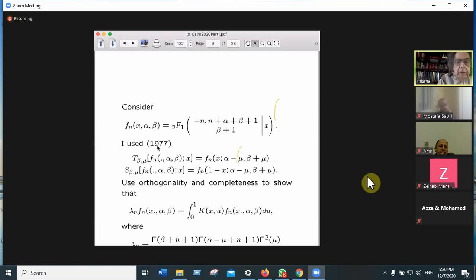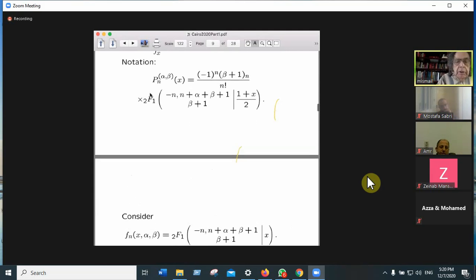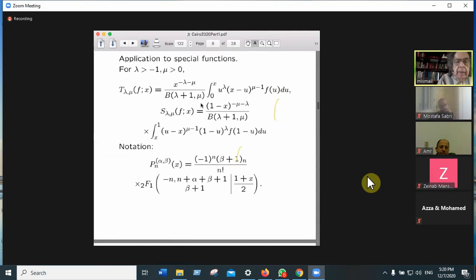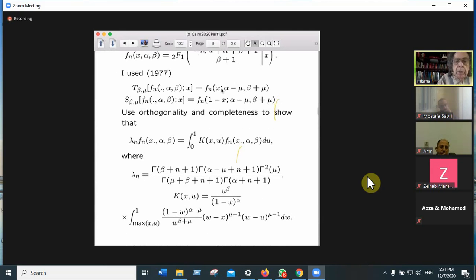And what I did, this was a long time ago. This was known. I mean, it's not like I discovered it, but it was known that if I take these fractional integral operators and act on a Jacobi polynomial, I get another Jacobi polynomial.